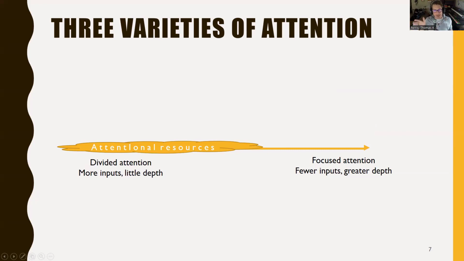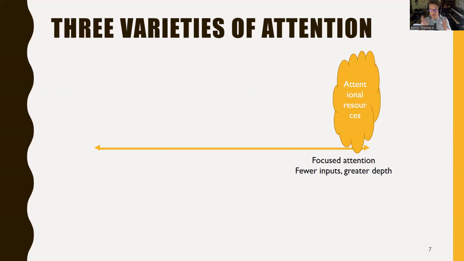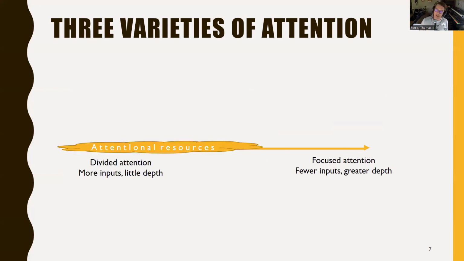So there isn't, I'm in focused attention mode right now, and now I'm switching to divided attention mode. It's a very fluid transition, but it all boils down to, I've got that much energy, that much attentional space, conceptual space, and I either focus it on few things very deeply, or I focus it on more things at a more shallow level.